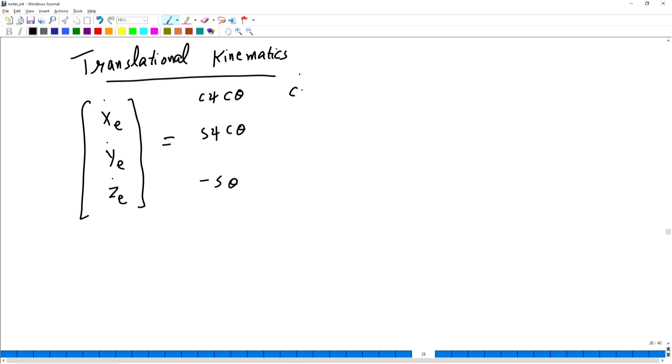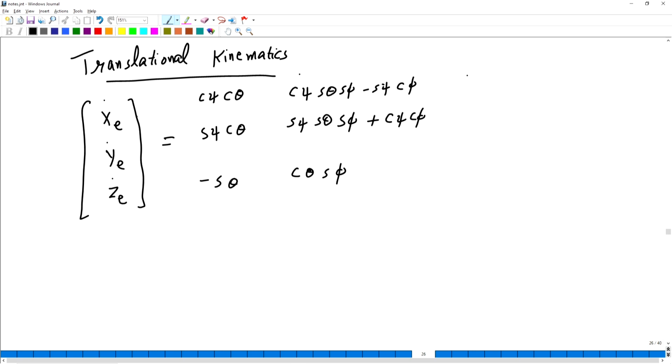Here we have cos xi sin theta sin phi minus sin xi cos phi, sin xi sin theta sin phi plus cos xi cos phi, cos theta sin phi.